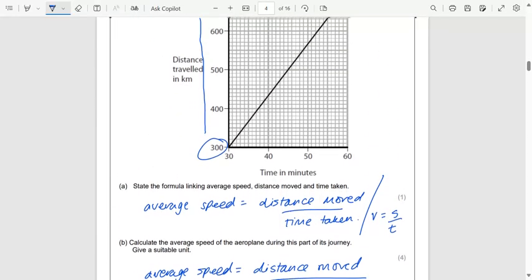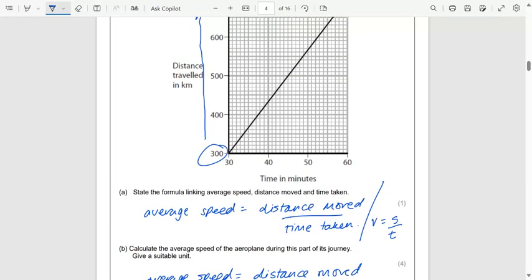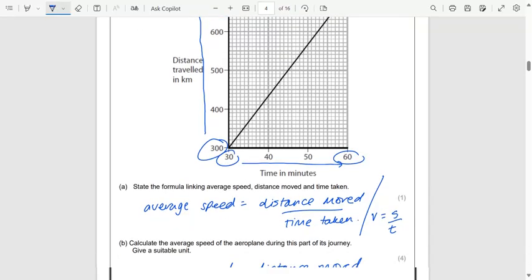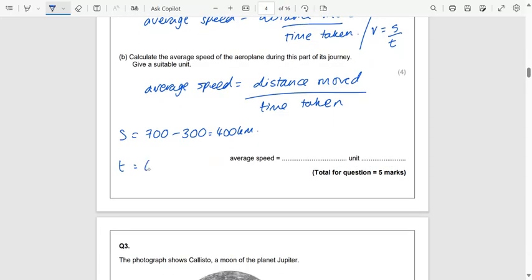The time it takes to do that, it starts at 30 and goes to 60. So the difference in my time is 30 minutes. So to calculate the average speed, it's distance moved, 400 kilometres, divided by 30 minutes.